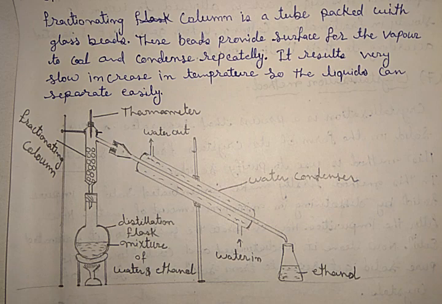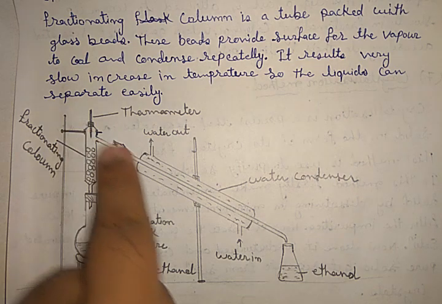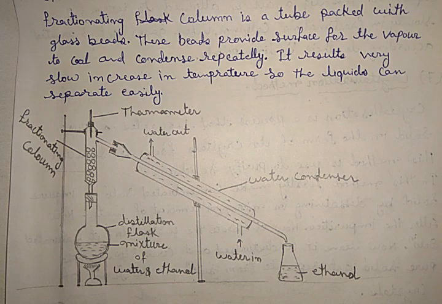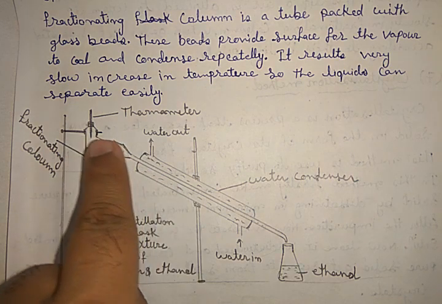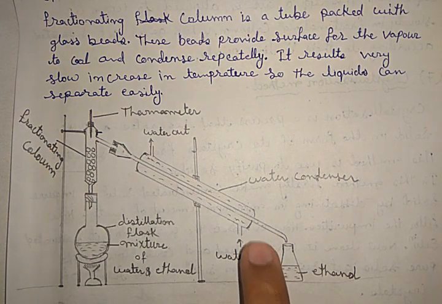When the temperature of the glass beads becomes equal to the boiling point of one of the components, here that is ethanol, they allow the ethanol to pass through but do not allow the water. So ethanol collects here and then flows into the condenser assembly, where it converts into liquid form and is collected here.